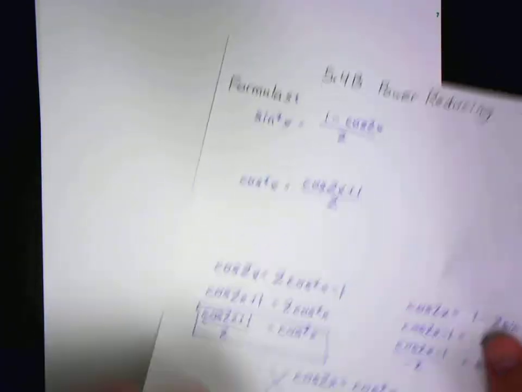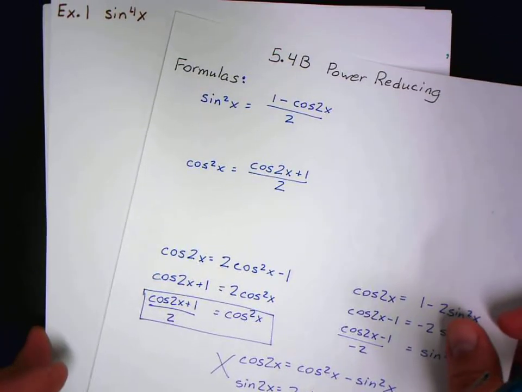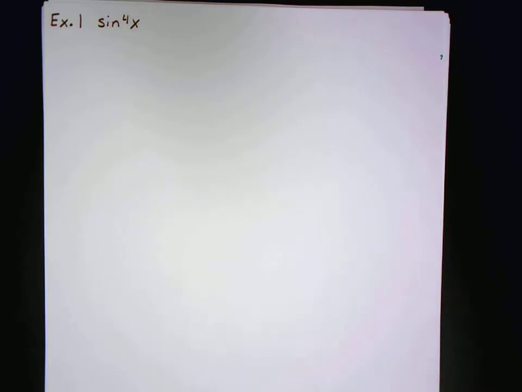All right. How we're going to be using these is, again, basically your same type of problems. However, in your book, the only type of problems they had with these are problems like this, where they give you just something like this and ask you to reduce the power until none of your trig functions have a power on them.